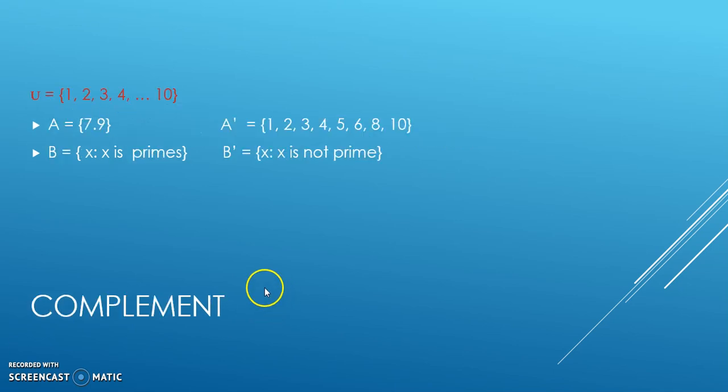Okay. Now, for the unary, which is a complement, I need to start out with a universal set, because the complement will be everything that's not in the set. And that was supposed to be 7, 9.